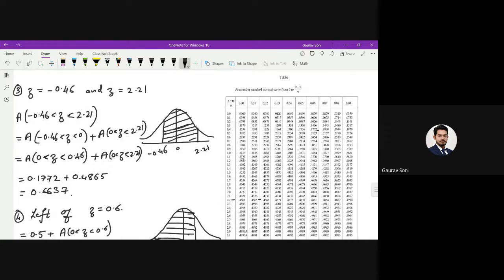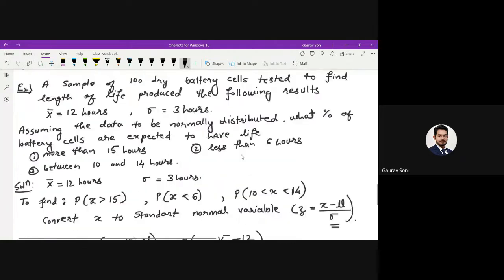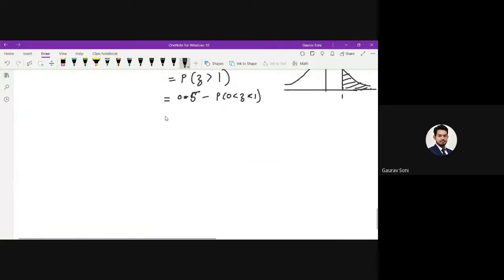The value is 0.3413. So 0.5 minus 0.3413 is equal to 0.1587.